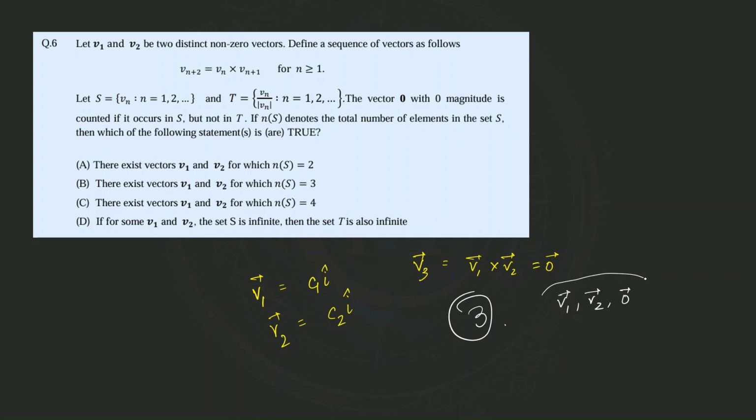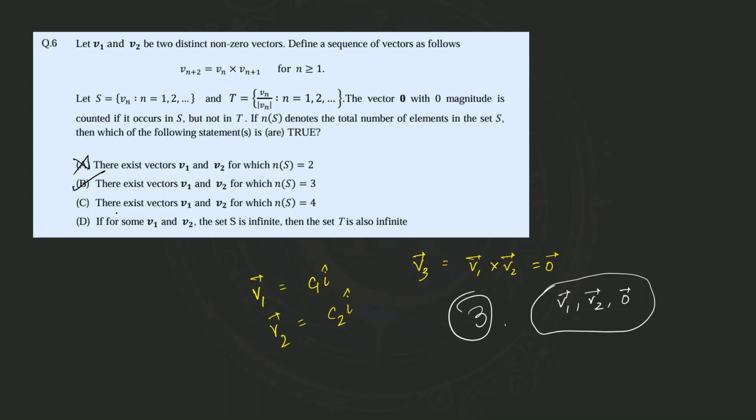As we are counting the 0 vector in this set S, we have to account for it, so we have total NS equal to 3. That means NS equal to 2 will not be a possible case, because at least we have these three vectors. So there exist vectors v1 and v2 for which NS equal to 2 is wrong, and the other option will be definitely correct.